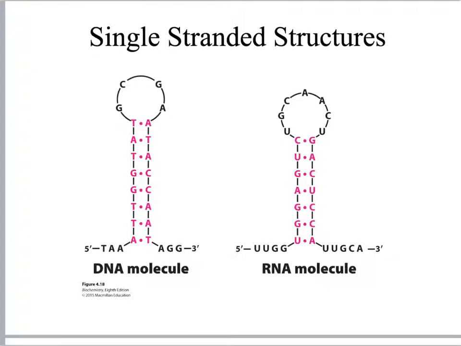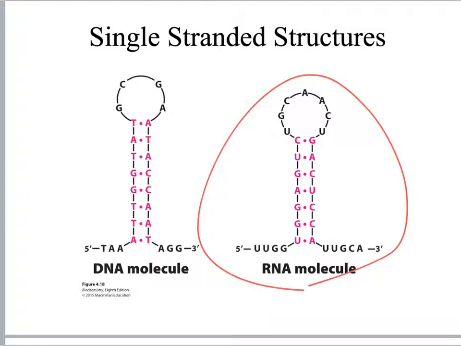So in this structure with the stem loop, it's created when complementary bases within one strand kind of find each other and come together, and it forms a double-stranded region. So while we know RNA itself is not double-stranded, we can have double-stranded portions within the overall structure.